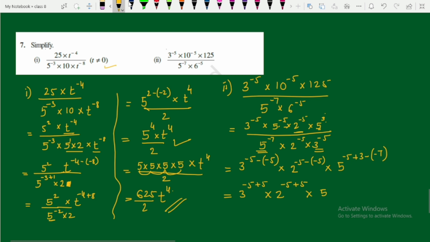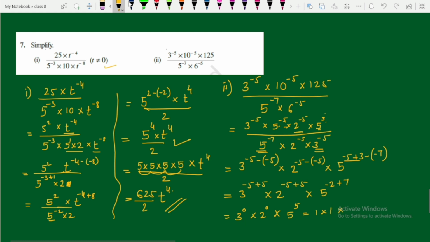This is 5 raised to minus 2, and minus into minus, minus 5 plus 3 minus 2, this is minus minus plus 7. Okay, so it is 3 raised to 0 and 2 raised to 0, minus 5 plus 5 is 0, and 5 raised to minus 2 plus 7 is 5 raised to 5.